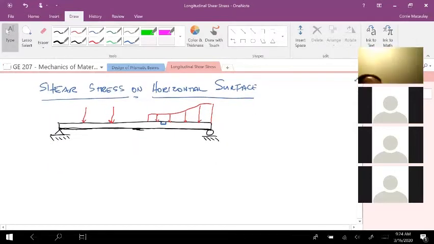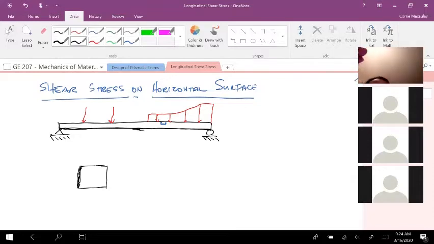And if I try to draw that section and look at the forces or the stresses acting on it, let me draw that here. So that's basically that small section that I showed on the longitudinal section of the beam, right?